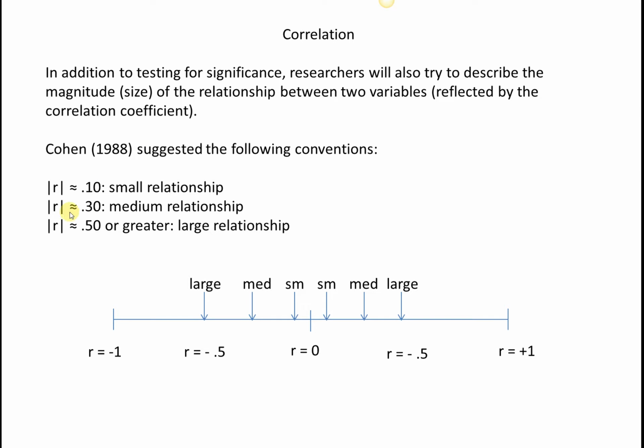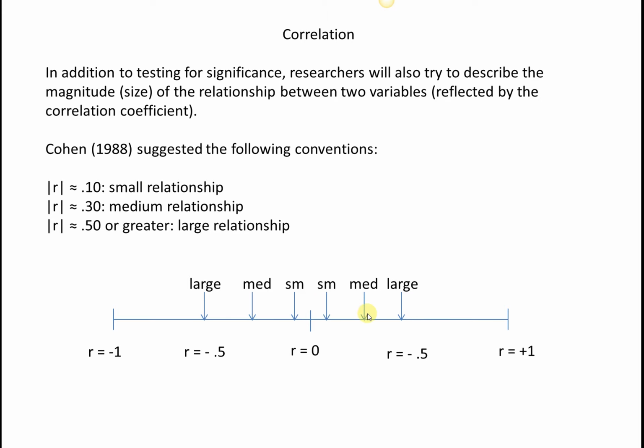He suggested that correlation coefficients in absolute value around 0.10 would be considered a small relationship. If I had a value around 0.10 or negative 0.10, the distance between that value and 0 is the same, and in either case you would have a small relationship between the two variables.